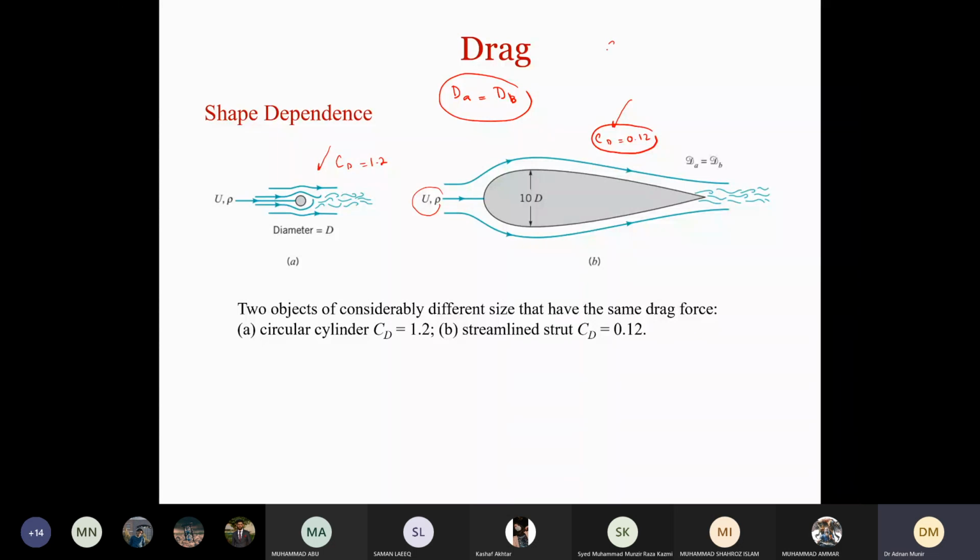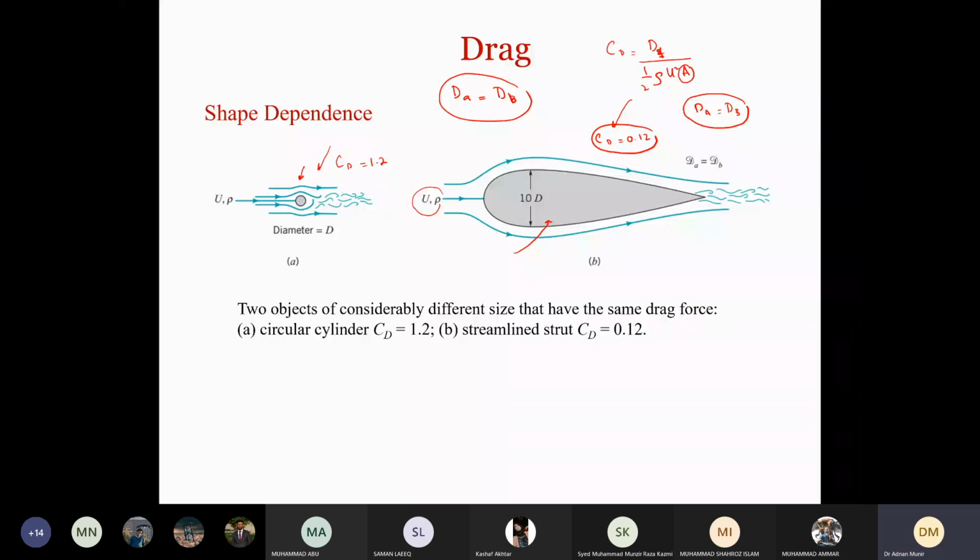Because the drag coefficient CD is equal to D over half rho U square A, it is possible to adjust the area of this circular cylinder and this aerofoil in such a way that the drag force dA becomes equal to dB.